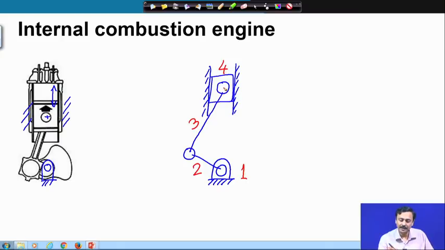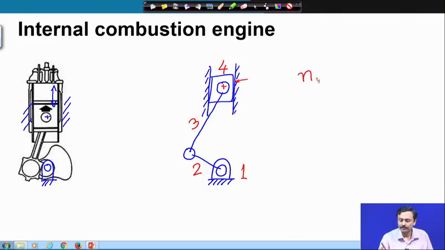It is a binary link, as you have one revolute and one prismatic sliding. So, this is another link. So, that is the 4th link. So, again there are 4 links. In all the examples that we have seen, there are 4 links.